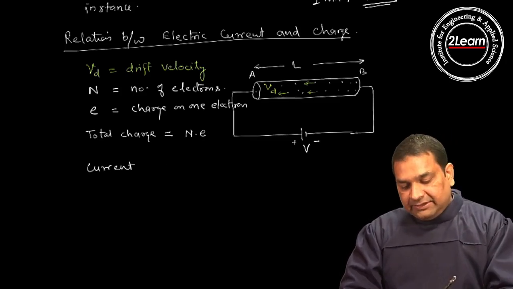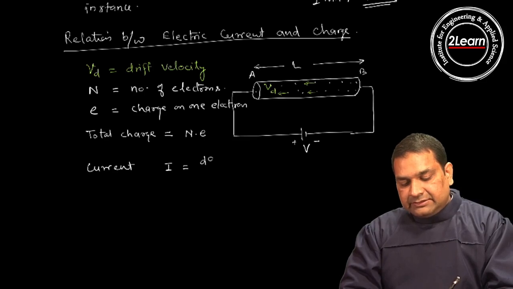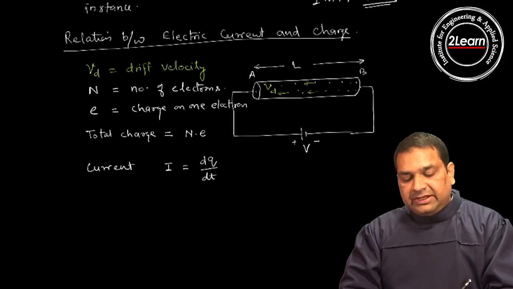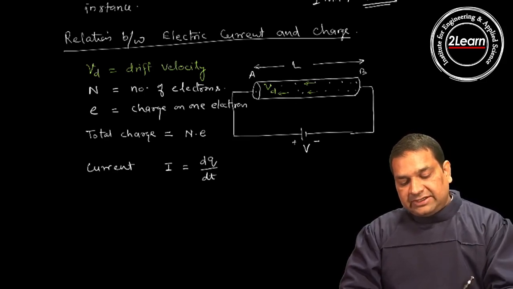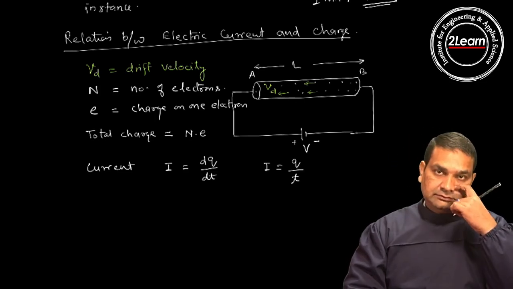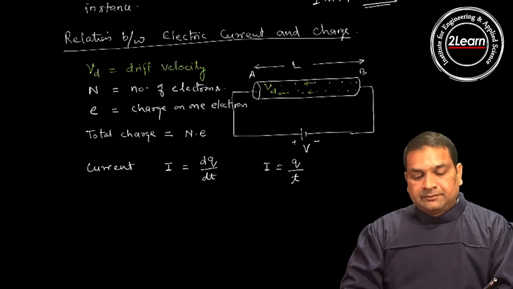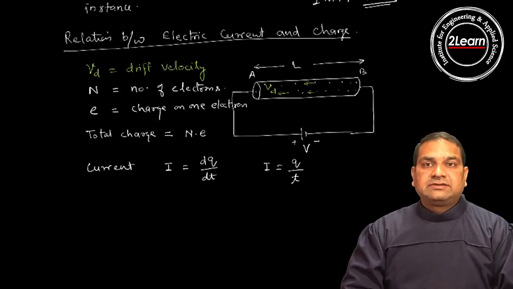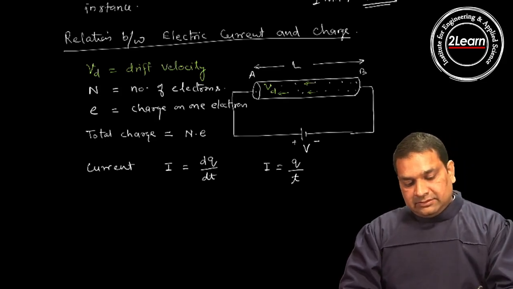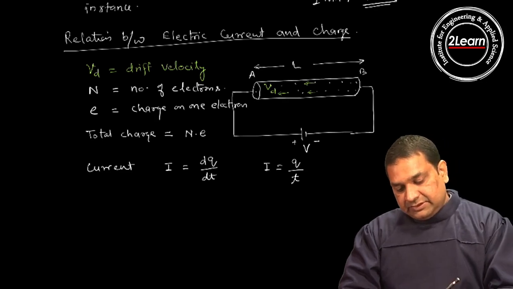I have defined current as dq by dt, or the instantaneous value you can say q by t, where t is the time. So how do we define drift velocity?